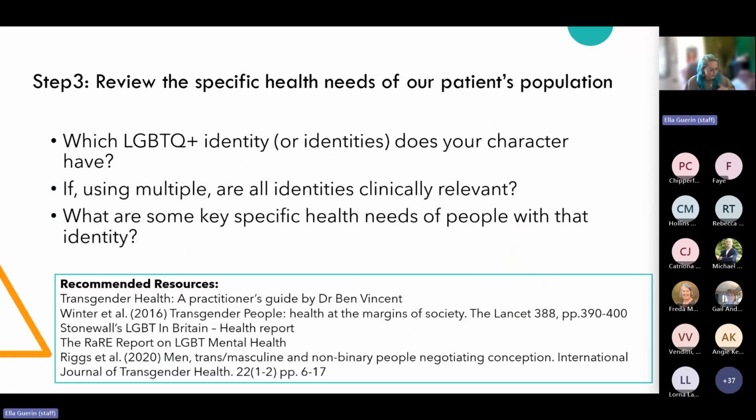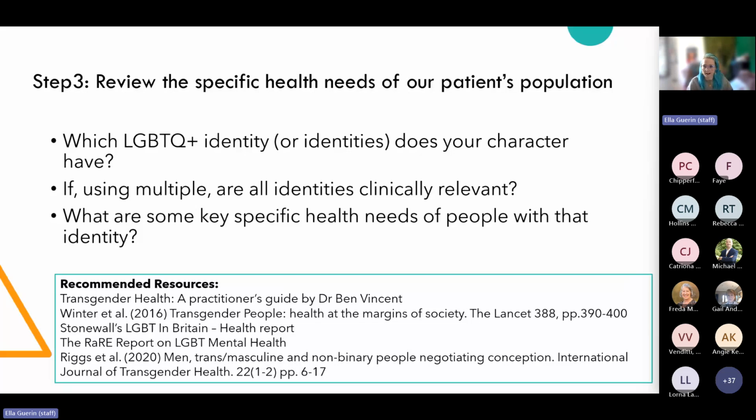So moving on to the next stage, stage 3. Particularly for those of you using active, which from the chat is most of you, now we've got the basis of the clinical setting, the clinical scenario, what's going on for my patient, we also need to think about specific health needs of our patient's population.